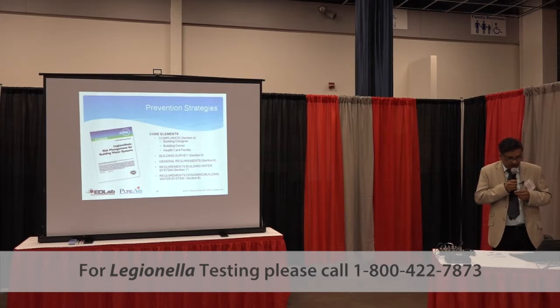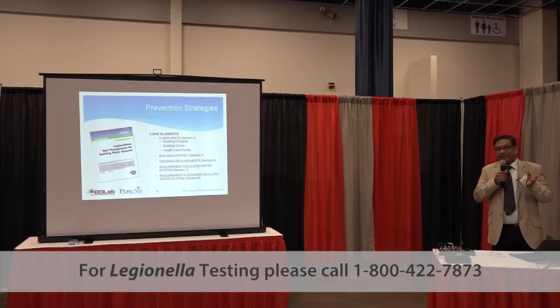They have also discussed in detail in section 5 the building survey, that is, what you need to know about your building. General requirements, what the general considerations should be to prevent Legionella, are described in section 6. Requirements for the building water system, when you are designing it, what the requirements and the thrust areas should be, are described in section 7.